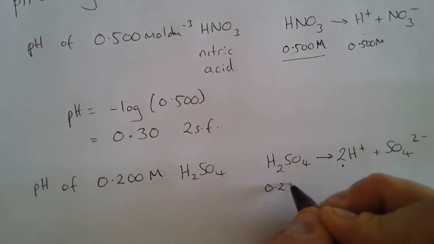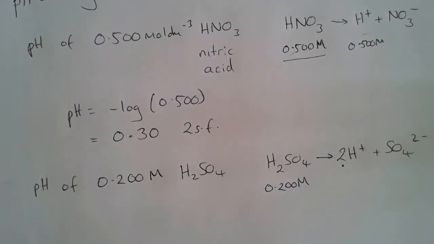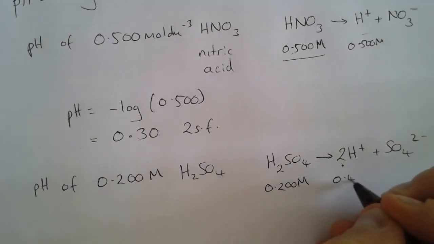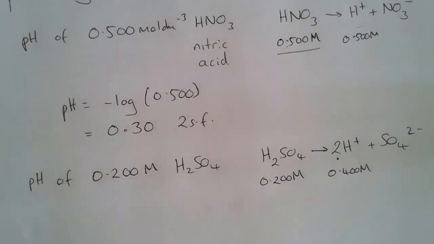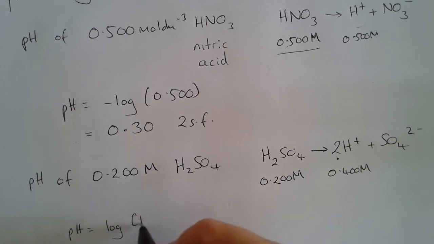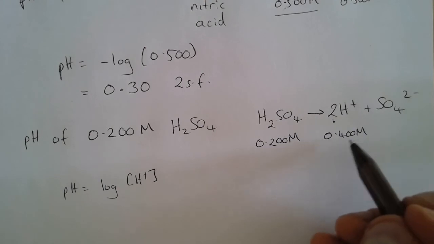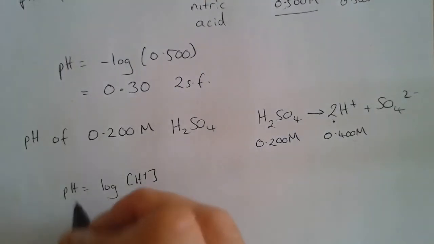So if we have 0.200 mole per cubic decimeter H2SO4, then that's actually going to produce 0.400 molar H plus ions. So we know that pH is equal to the negative log of the hydrogen ion concentration. We've inferred the hydrogen ion concentration by this relationship here.